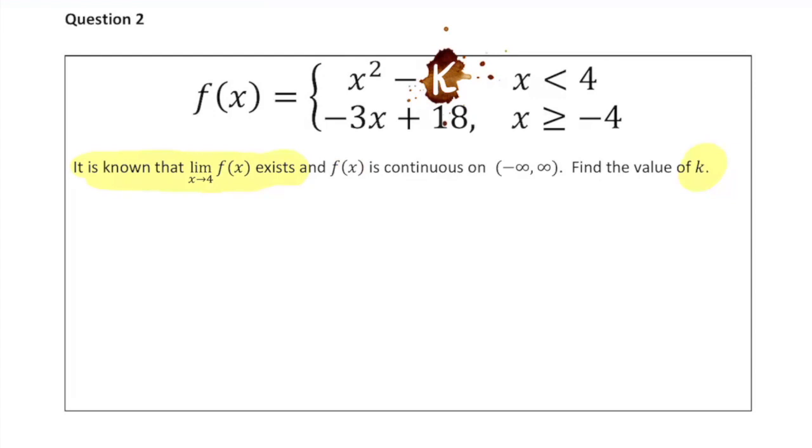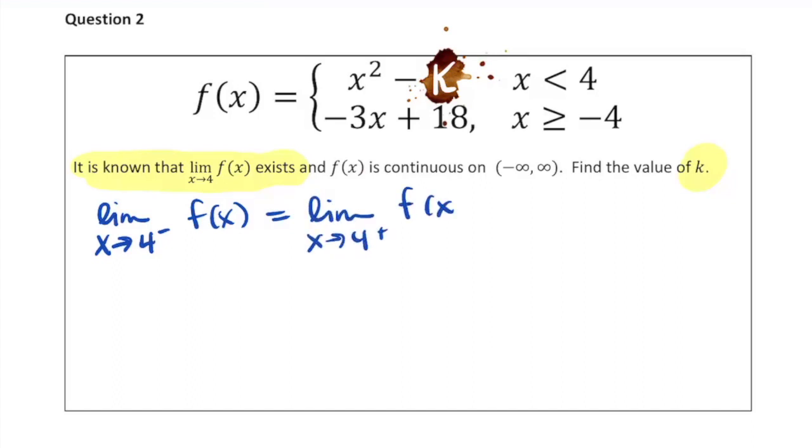Okay, so to begin this process, we're going to start with that definition of continuity, which in this case would state that the limit as x approaches 4 from the left of the function must equal the limit as x approaches 4 from the right of the function must equal the value of the function at x equals 4.